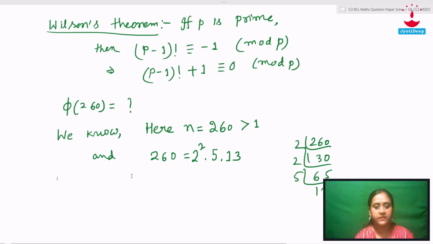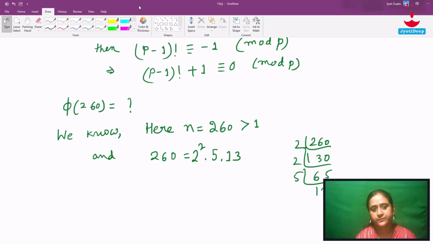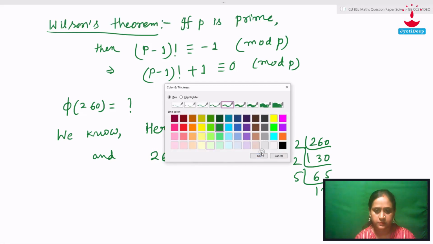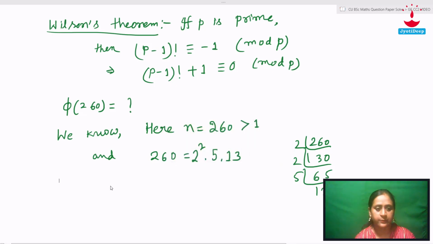So 260 is equal to this, and there is a theorem. Oh no, it's gone. Okay.